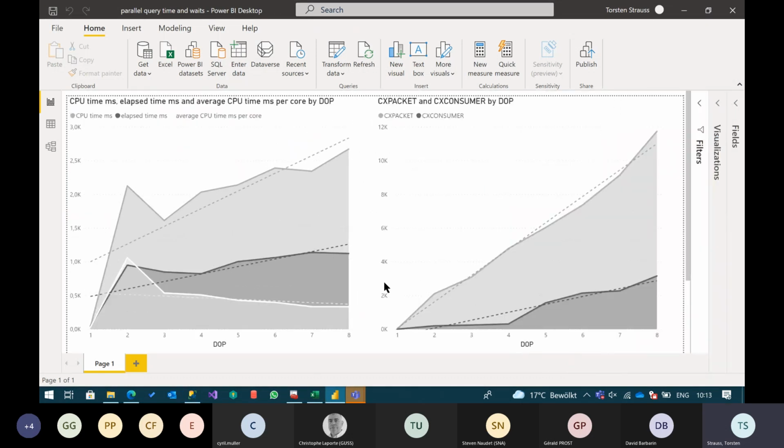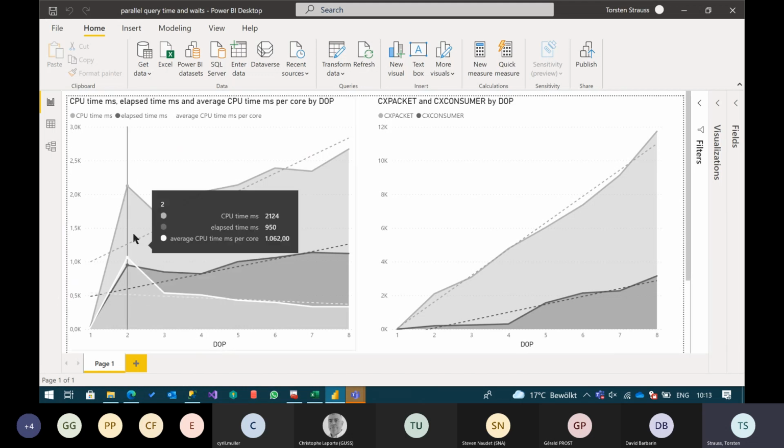And this is very interesting. Again, it is always the same query. You can see here on the x-axis, we have the degree of parallelism, so the number of threads SQL Server can use, 1, 2, 3, and so forth, and the time it takes.